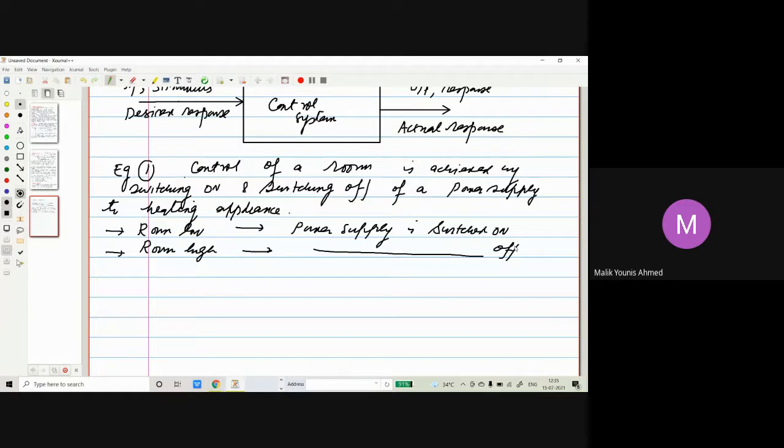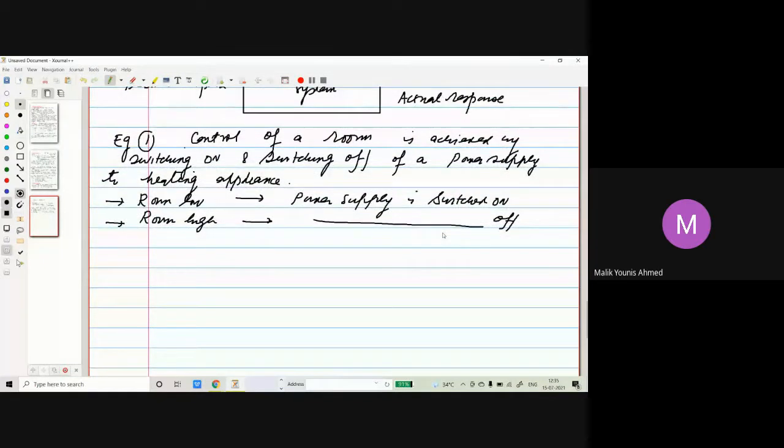Heat will be generated, and there will be a temperature rise, and it will continue to rise till we reach our desired output. Similarly, if room temperature is high, I will switch off the supply. The temperature will continue to drop until we reach the desired temperature. This is a very simple way of controlling a room temperature. A very simple example.